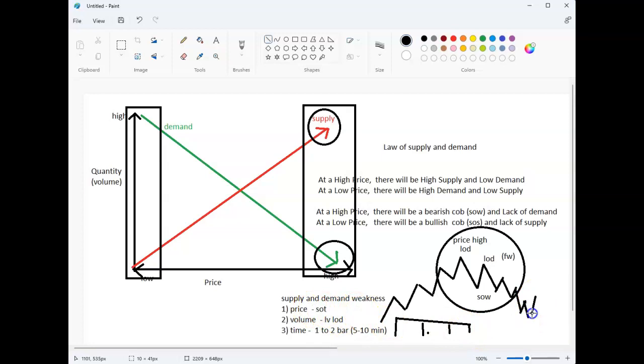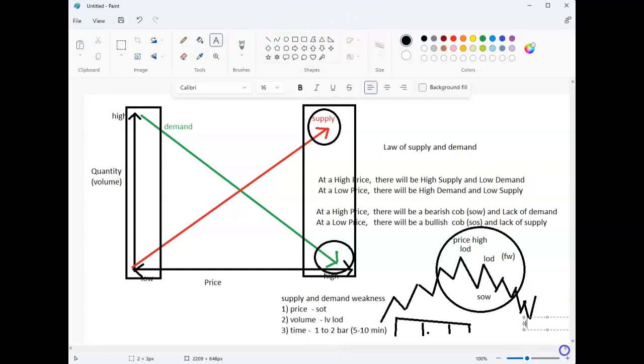And then you'll have your demand. So let's put this as lack of supply, or your SOT, right? Lack of supply from the perspective of volume, shortening of the thrust from the perspective of price, followed by your sign of strength or change of behavior.